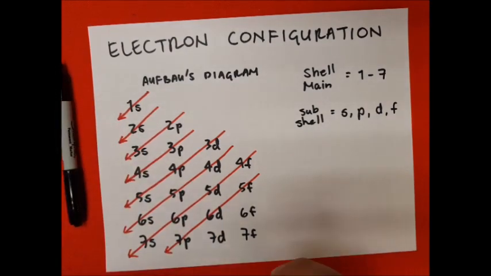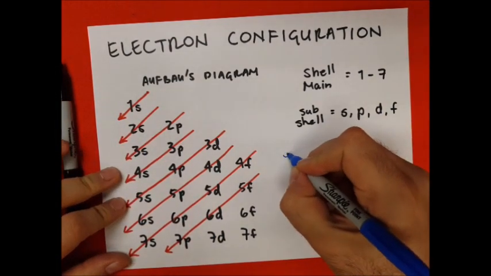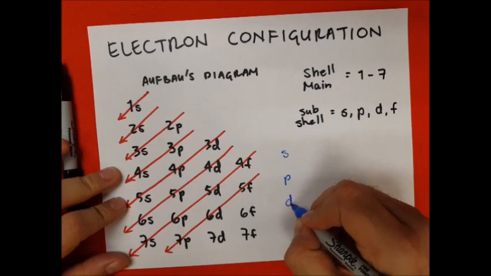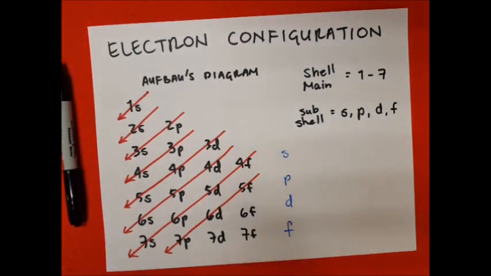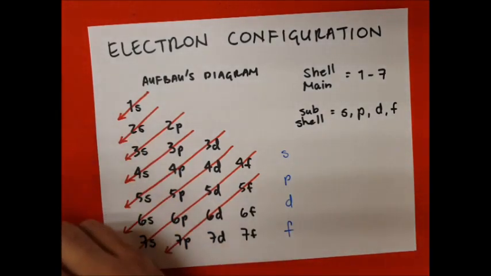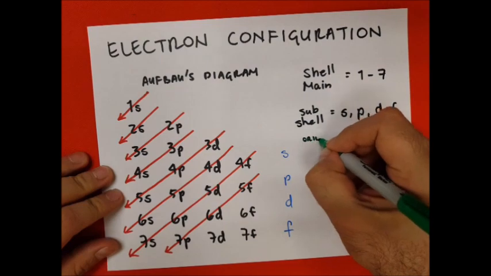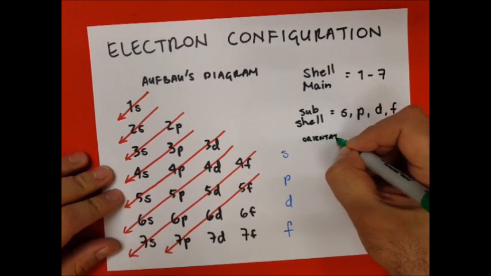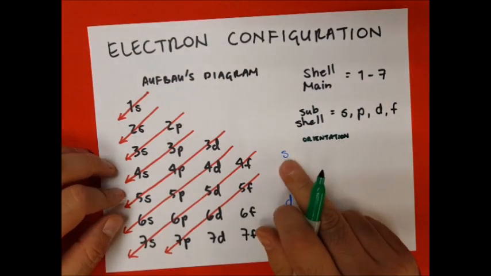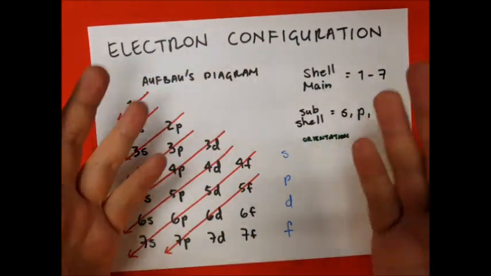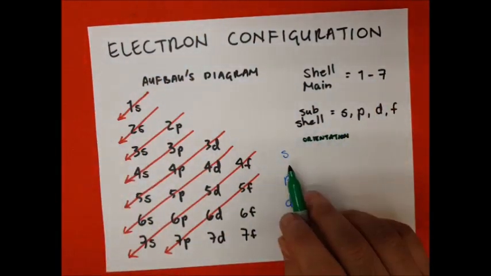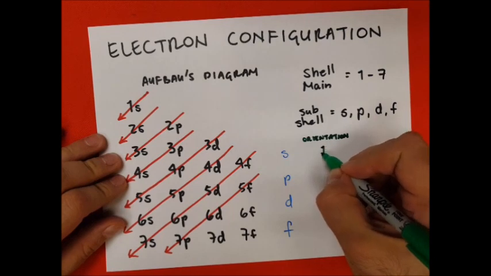So I'm going to write another little diagram right here. S, P, D, and F. And I would tell you, there's such a thing called orientation, which tells us how many specific spatial orientations each of these subshells has. That means which way they're pointing in the 3D model. So S only has 1 orientation.